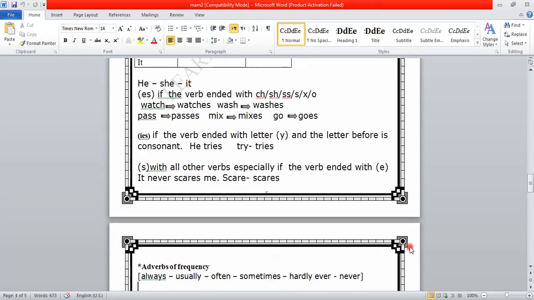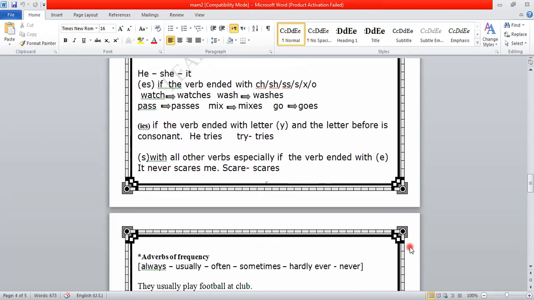Okay. One of the key words to express present simple is adverbs of frequency. Adverbs of frequency. We use them when we want to express how many times we do this action.